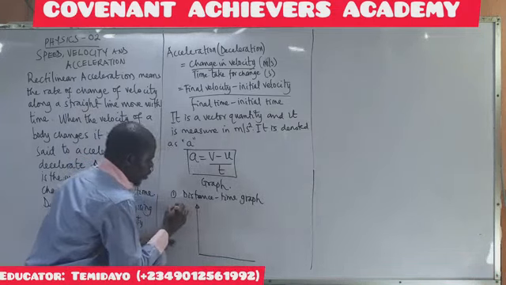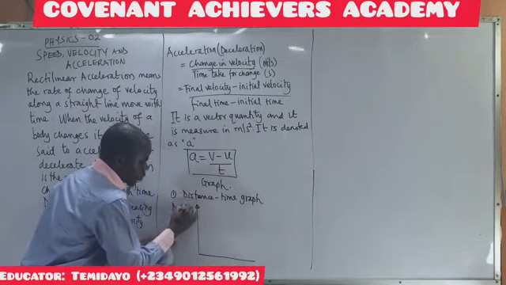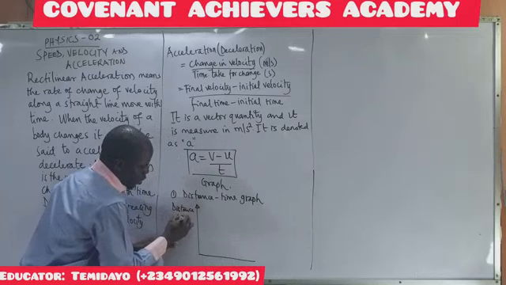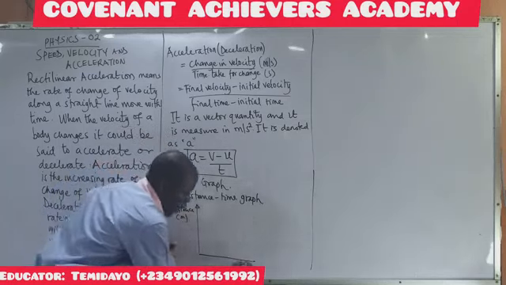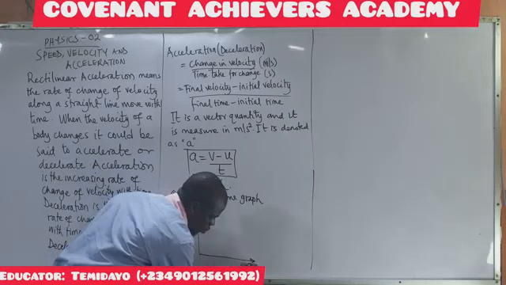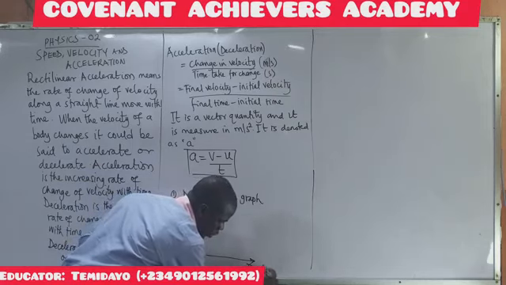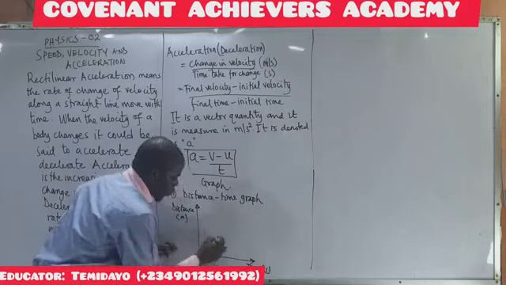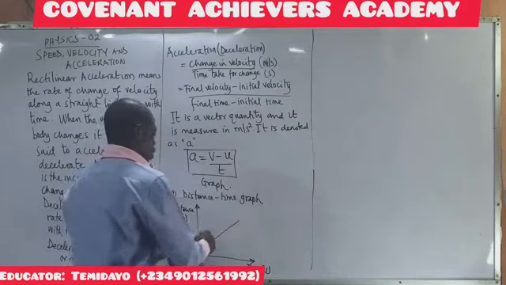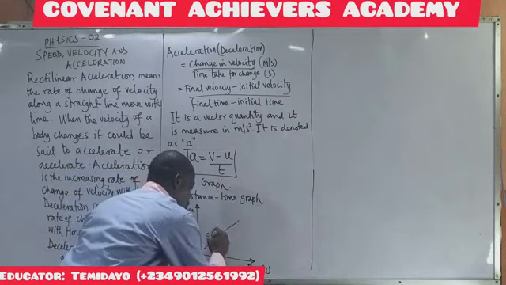Here you are having distance in meters, and you are having time in seconds. So when you plot a graph of distance against time, you are having this as the slope.